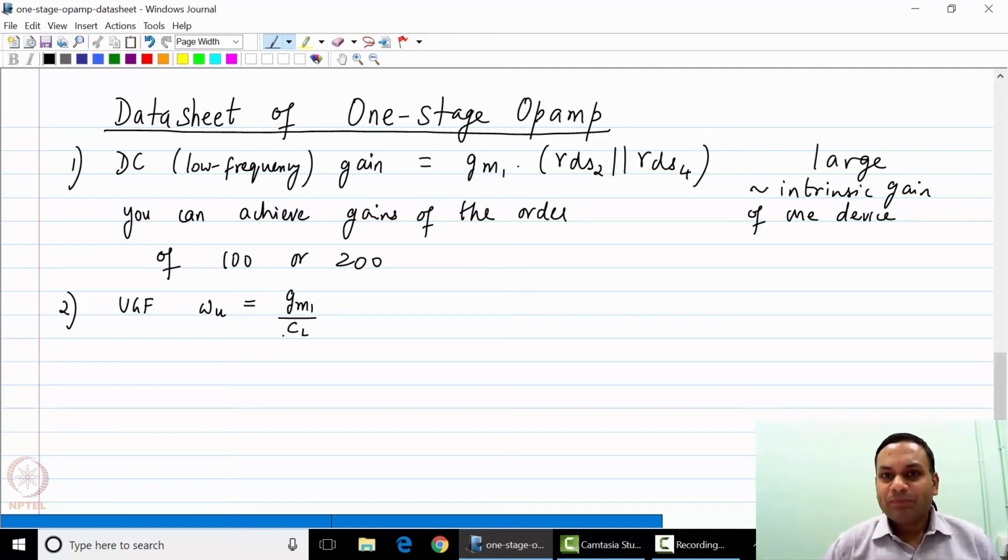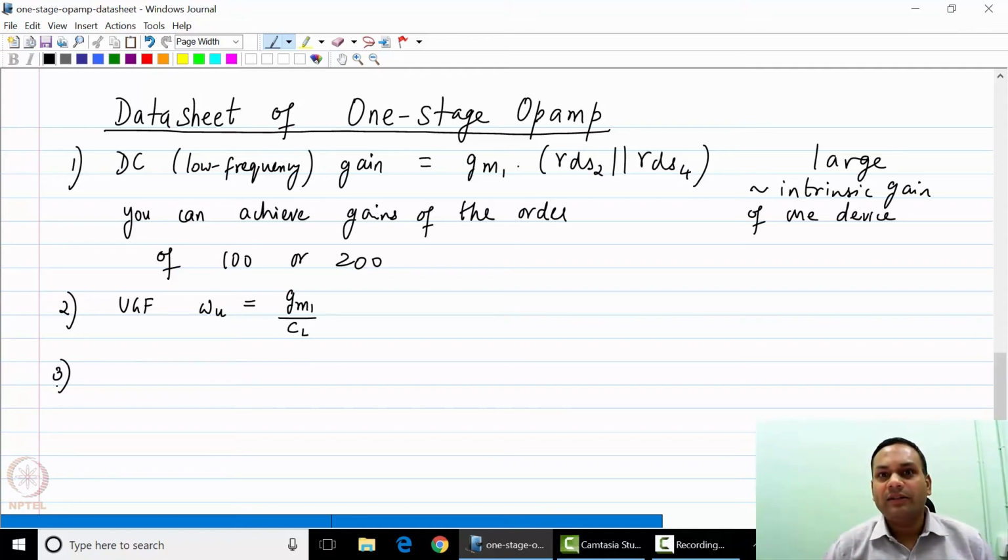As you can see, the unity gain frequency of the op-amp depends only on its transconductance and the load capacitance that it is meant to drive. If you need a larger unity gain frequency for a fixed load capacitance, you have to increase the transconductance of the op-amp.